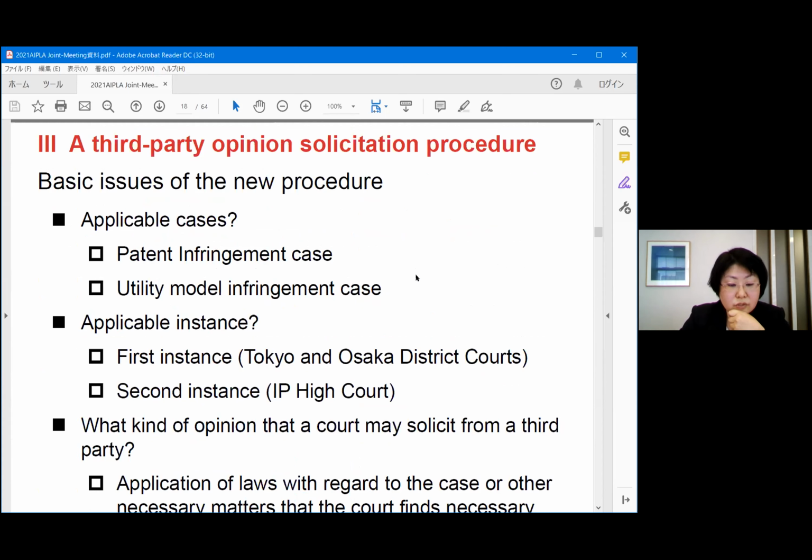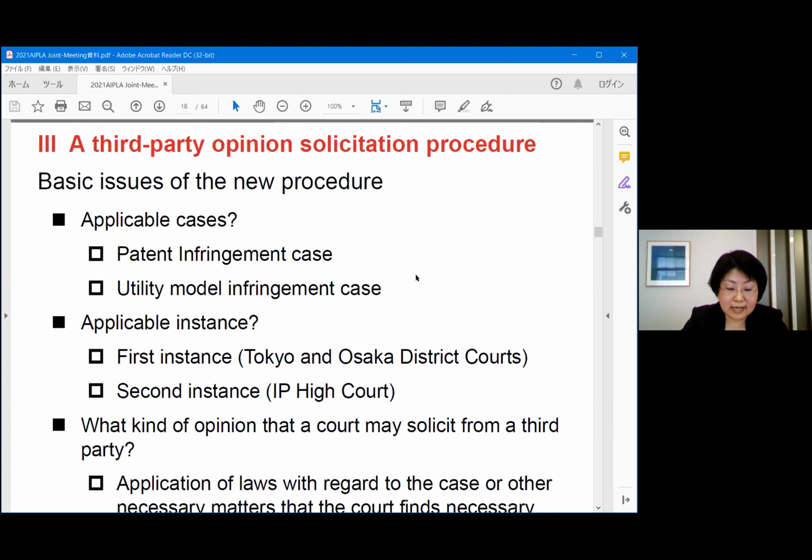When introducing this new procedure, three issues arise. One is applicable cases. According to the bill, this new procedure only applies to patent infringement cases and utility model infringement cases. In other words, this procedure does not apply to other litigation, such as litigation seeking to overturn a Japanese trial decision or infringement cases based on design right or trademark right.